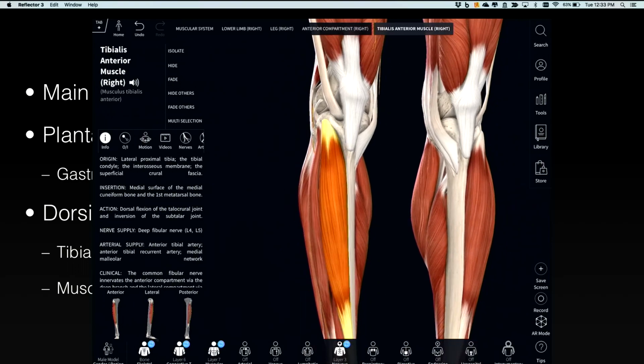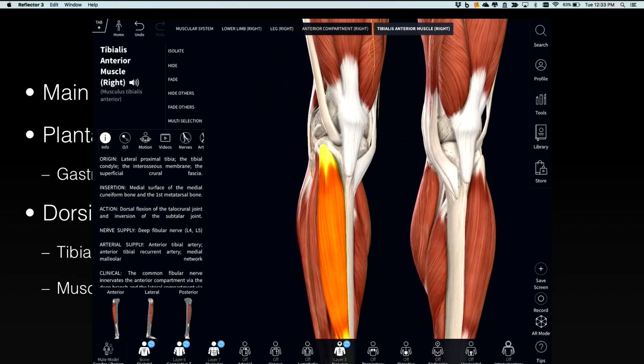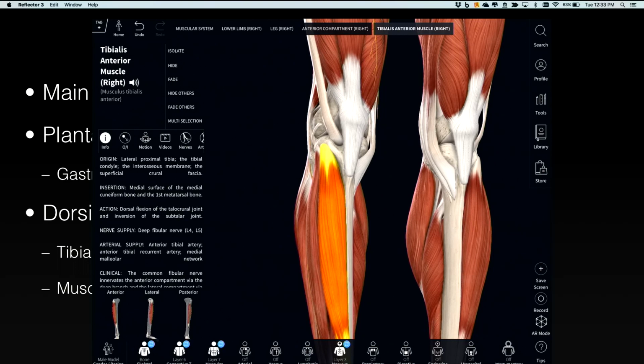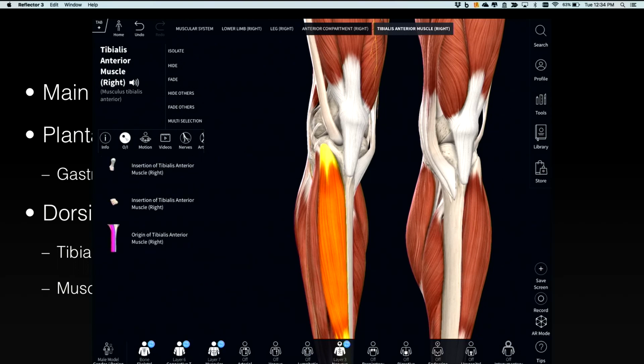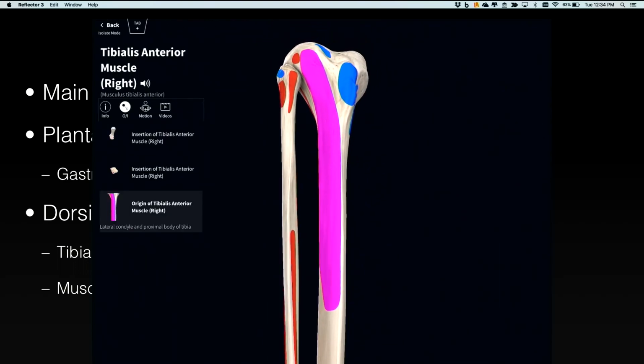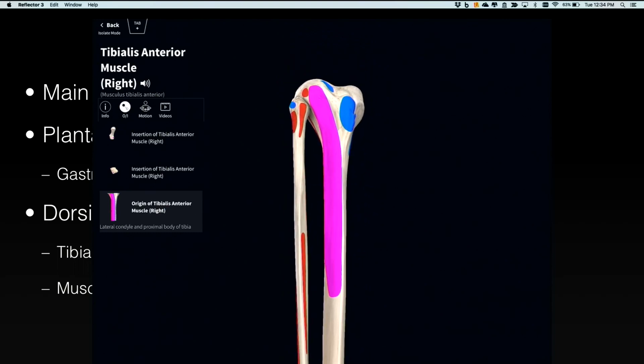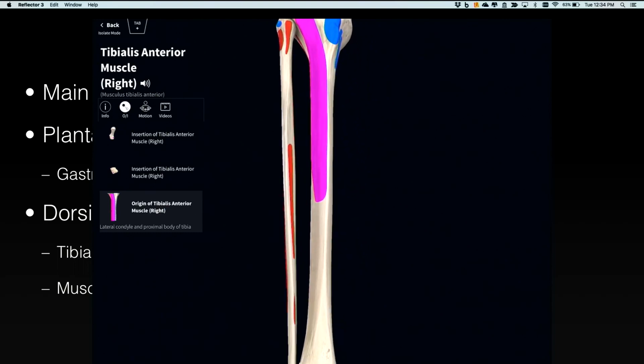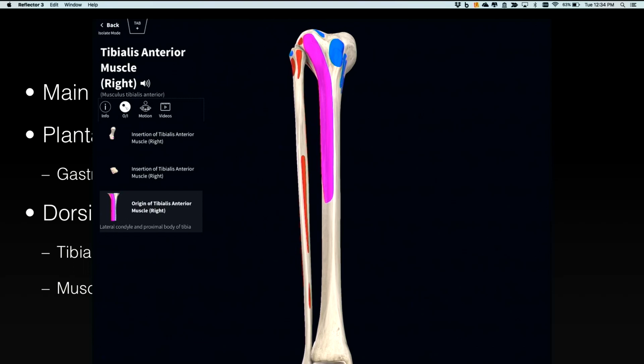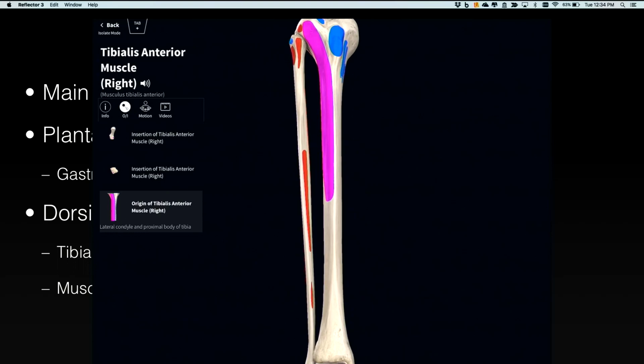Let's take a look at where these go, the origin of Tibialis Anterior. This long swath of the superior and lateral aspect of the tibia, all the way along the inside of the shin, that ridge that originates from the tibial tuberosity.